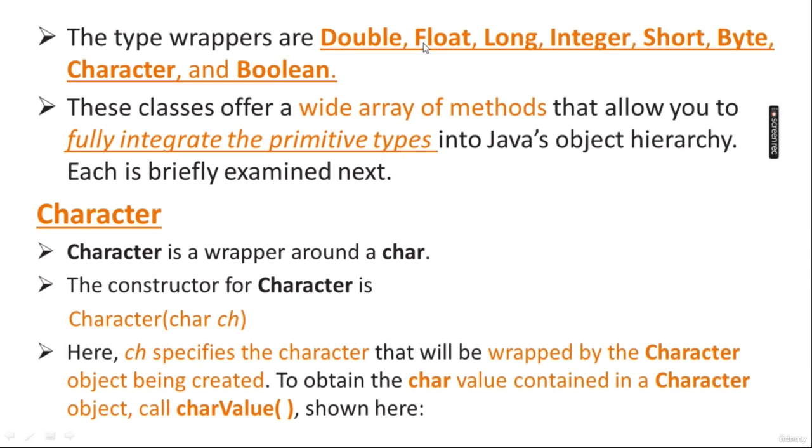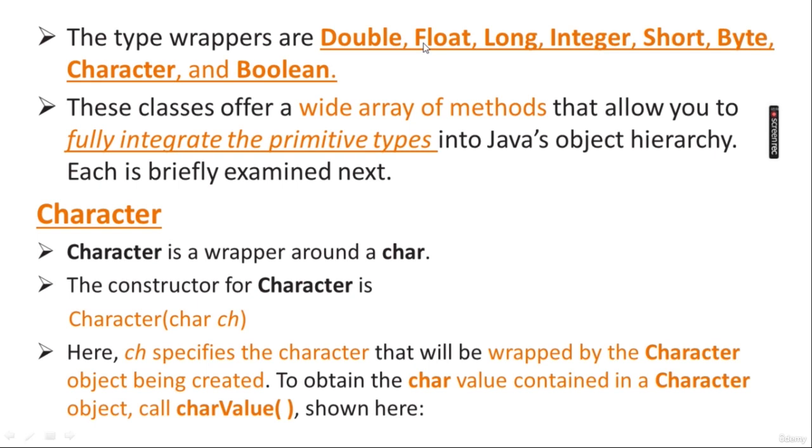These classes offer a wide array of methods that allow you to fully integrate the primitive types into Java's object hierarchy. Like we have seen in the previous slide, primitive types are not directly related to objects.